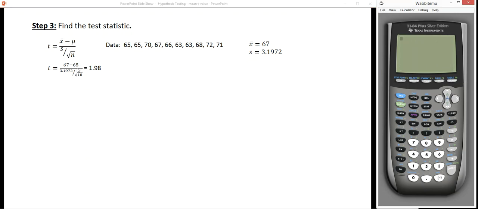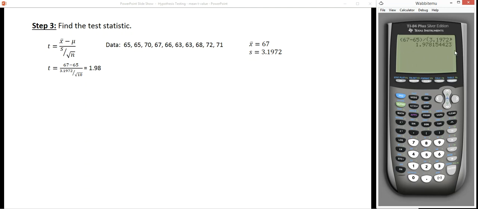So I'm going to take 67 minus 65, so parentheses, 67 minus 65, close parentheses, divided by, I'm going to open up another set of parentheses, and we're going to do 3.1972, and then divided by square root, which is a second function, so square root of 10, and then I'm going to close parentheses on my denominator and press enter.